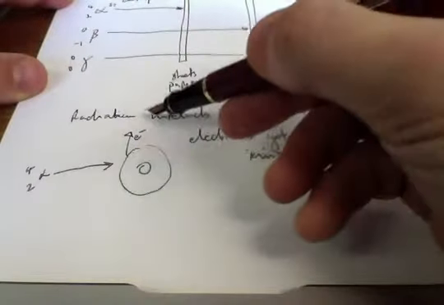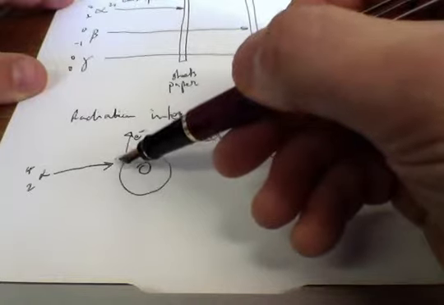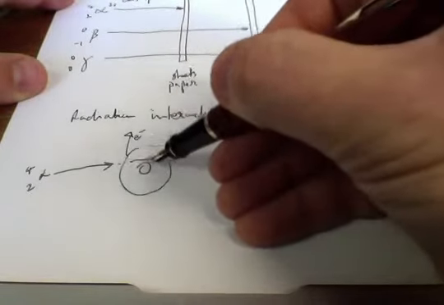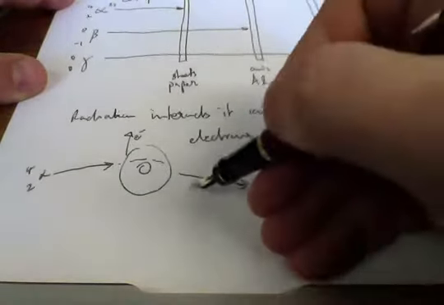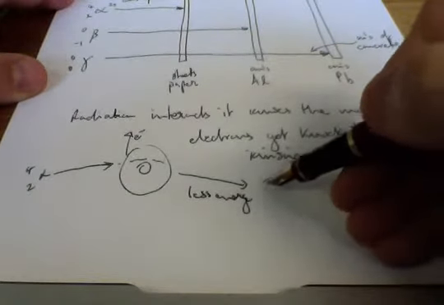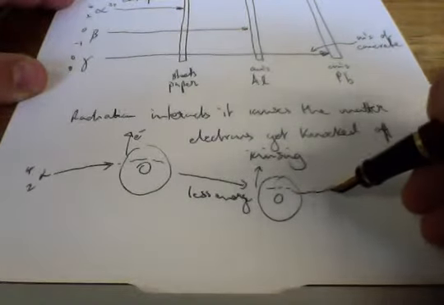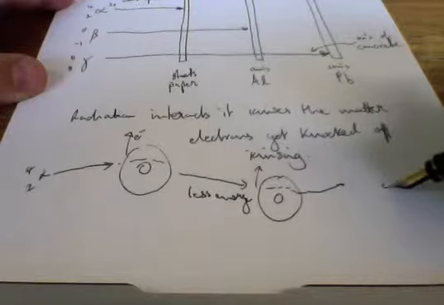Now, as it knocks off an electron, it gives up a bit of its energy. So it continues with a little less energy before it strikes another atom, knocks off another electron, and then continues with a little less energy until it stops.